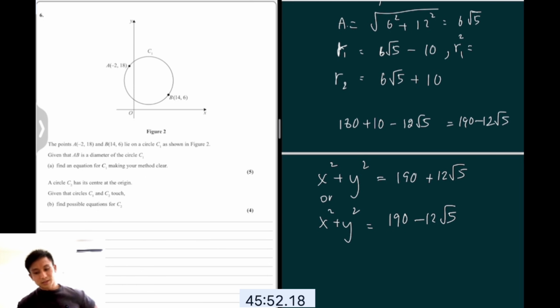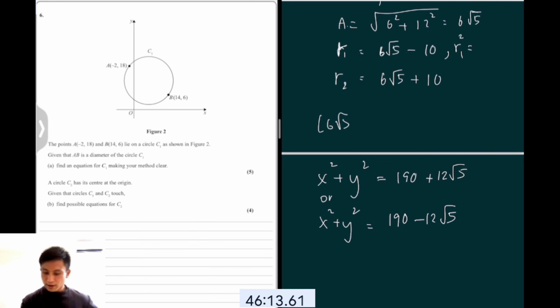That's it. Because, I mean, you minus 10 and, wait, hang on, plus 2 times, I made a silly mistake here. It should be 120, right? Yep, there you go. Okay, I'll write that again. So 6 root 5, I'm just going to do plus or minus squared there.